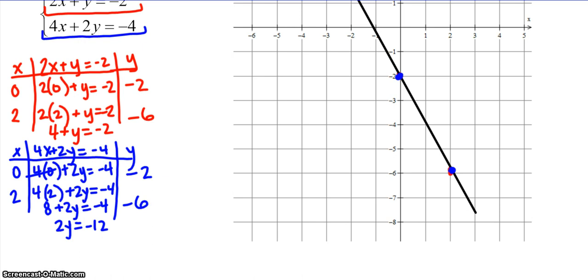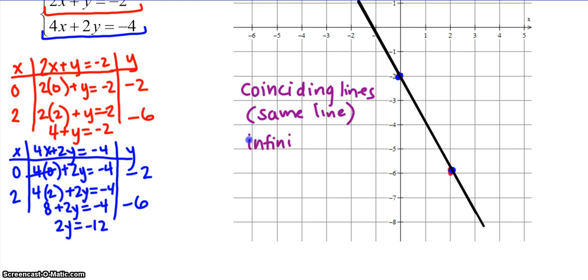So when I draw a line going through those 2 points, you see that the 2 lines are coinciding. So this is an example of coinciding lines, meaning the same line, which leads to infinite intersection points.